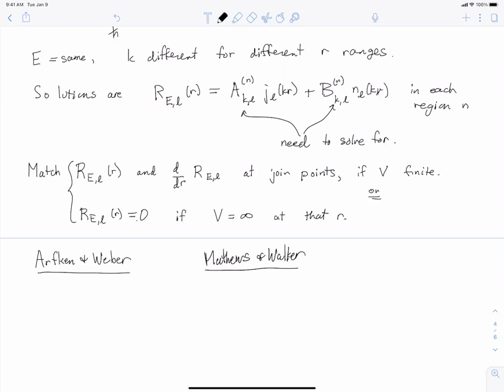So, what are the names of these books? I don't remember. But if you Google Arfken and Weber, then you'll find it. Or if you Google Matthews and Walker mathematical physics, you'll find it. Arfken and Weber is called Mathematical Methods for Physicists. But yeah, if you Google Arfken and Weber, you're guaranteed to find it.